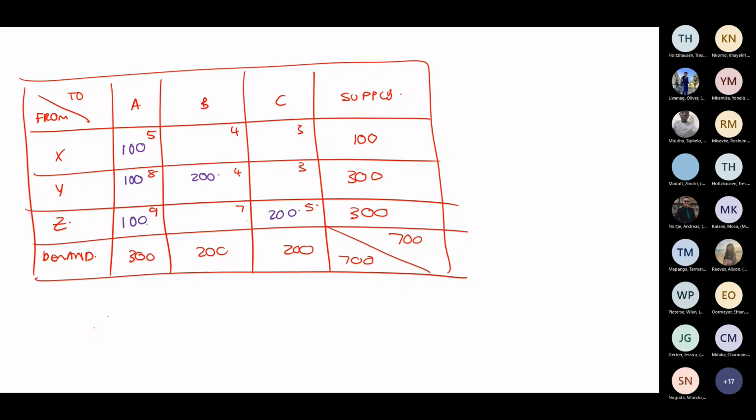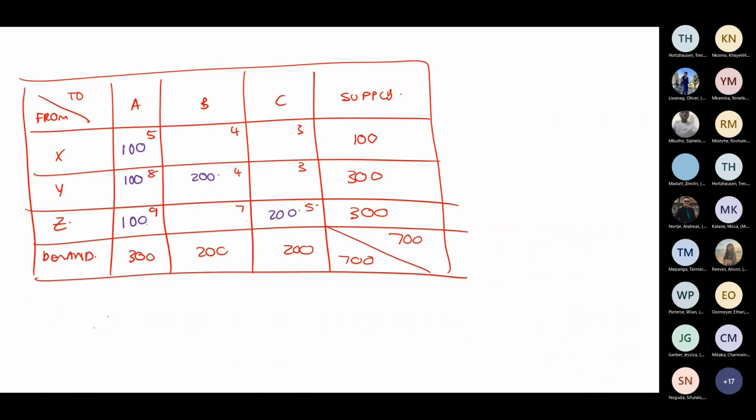Some of them will become inequalities again. That's fine, because you're still going to have n plus m minus one of them being equalities. There will always be n plus m minus one of those constraints binding, and binding means they're equalities.